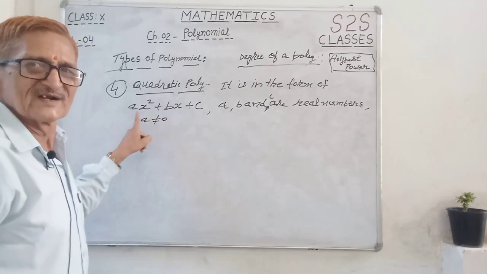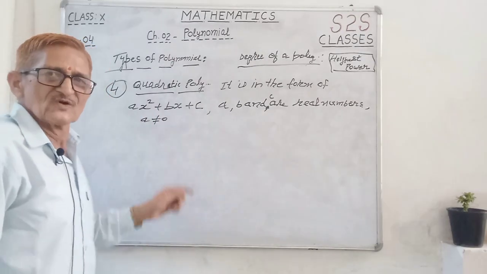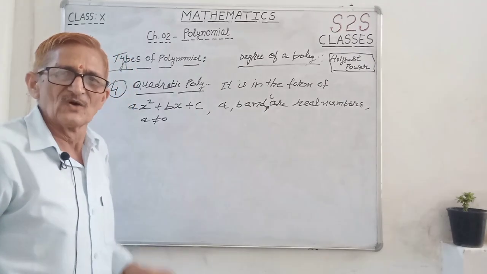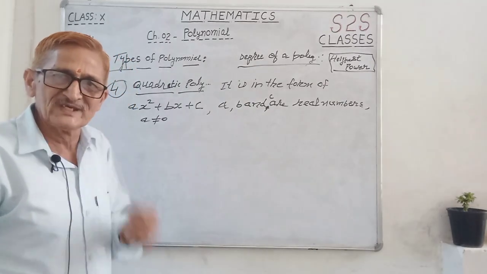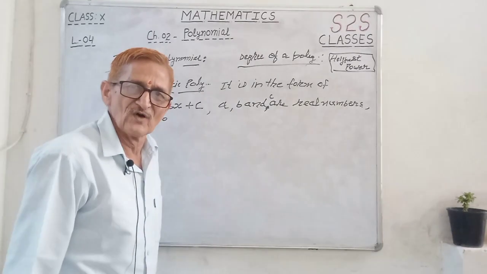So for the quadratic ax square plus bx plus c, a should not be 0. b may be 0, c may be 0. So ax square plus bx plus c is called a quadratic polynomial in general form.